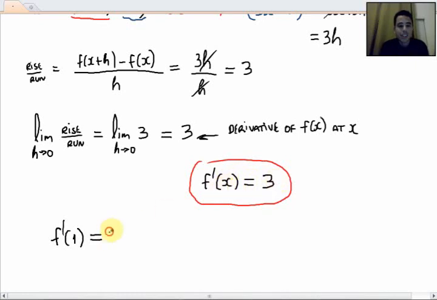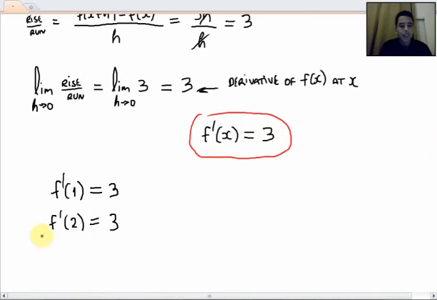It stays equal to 3. Next, f prime of 2, it stays the same, 3, right? If I put 2 here, it stays the same. And if I put 3 there, it stays the same. Right? Okay, so those are the answers for that problem.